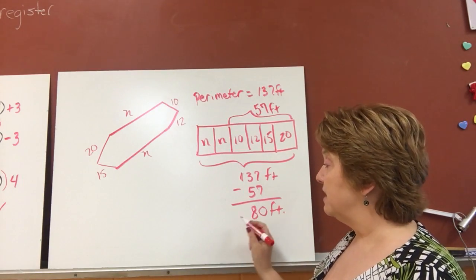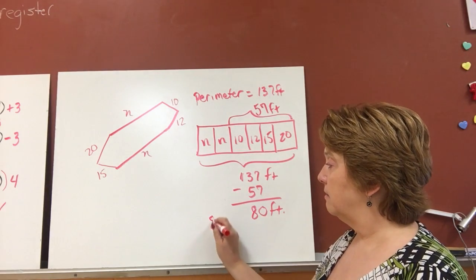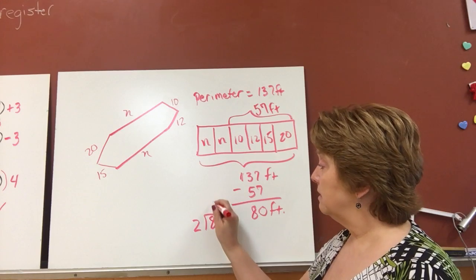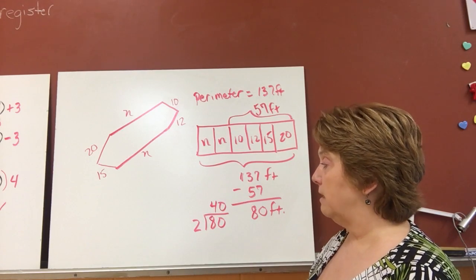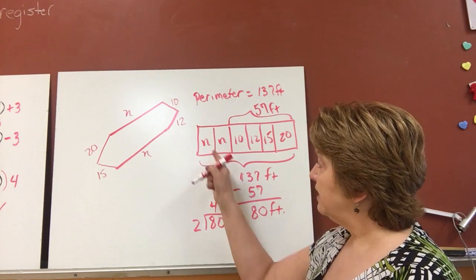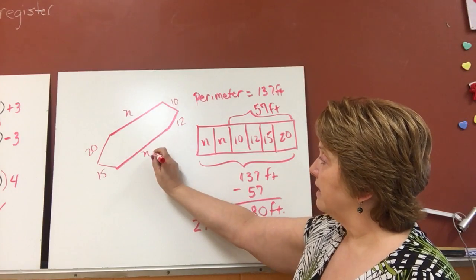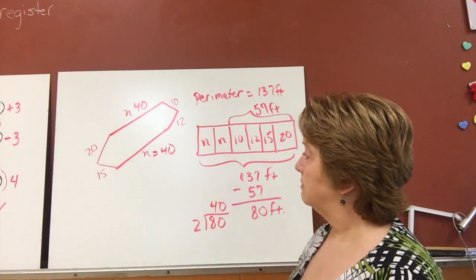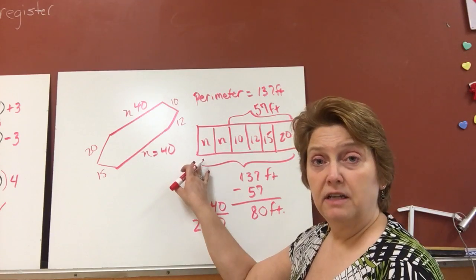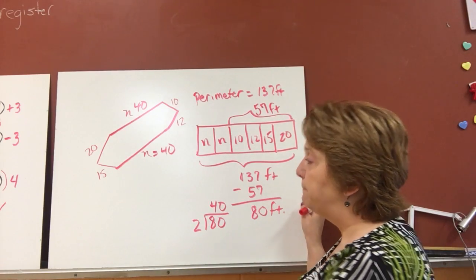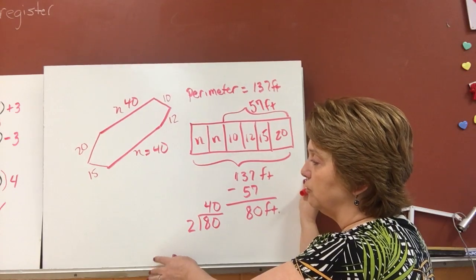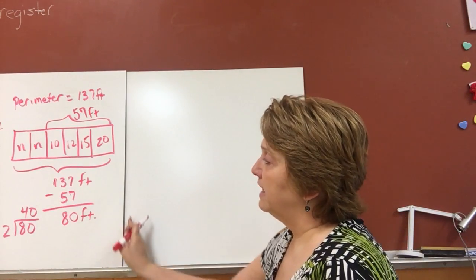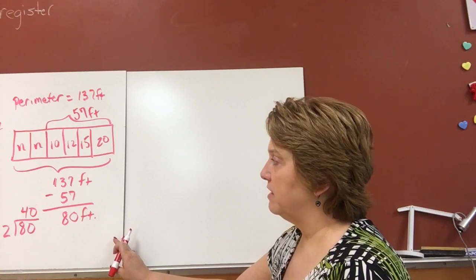So each one of these, if we take 80 and divide that in two pieces, because we have two ends, then that would equal 40. Each of these sides would equal 40 feet. Now that's using a tape diagram to solve this problem, but it's also using an equation.